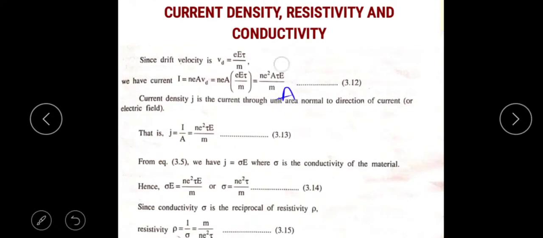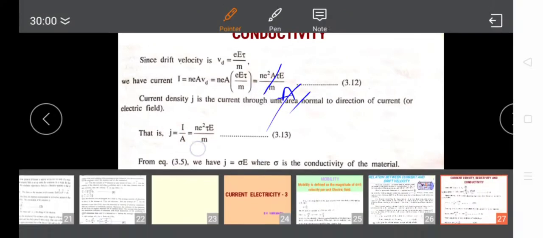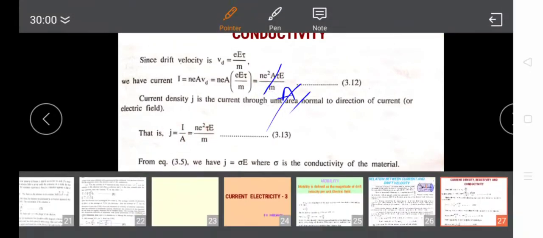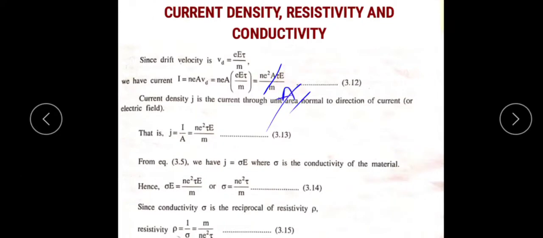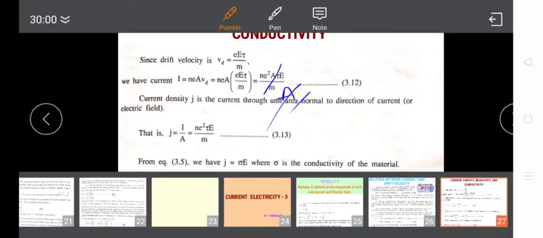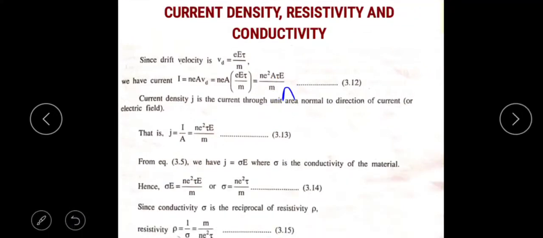This is the expression for current density, considered as equation number 3.13.